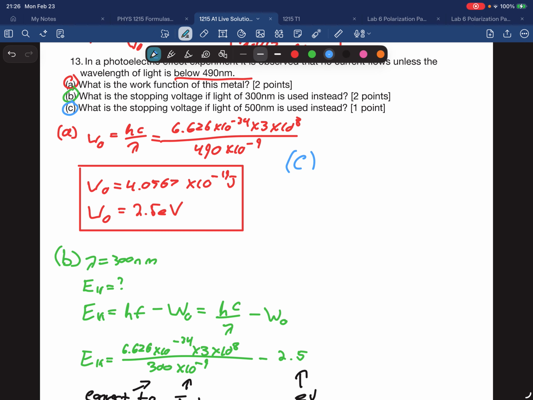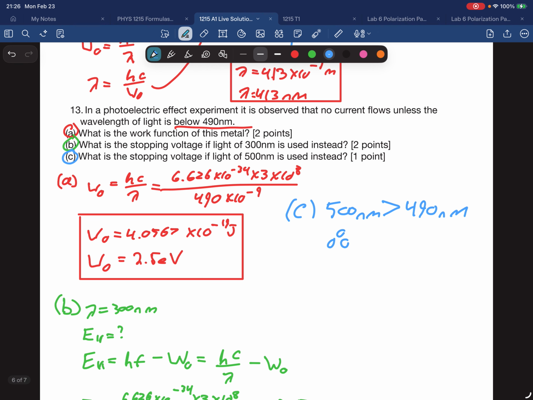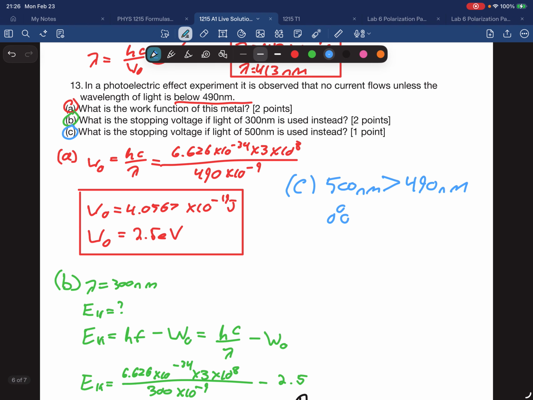So if you see the shortcut right away, go ahead and use it. The shortcut is that 500 nanometers is longer than 490 nanometers. We are told that 490 is the minimum wavelength required for current to flow.